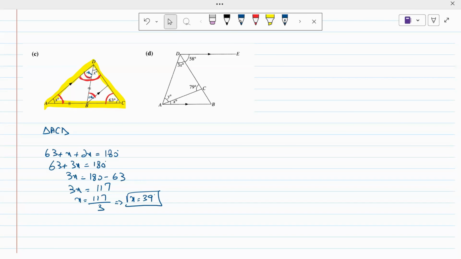We have to make sure that we focus on one property at a time. So first we see this letter Z involved, because of parallel lines.